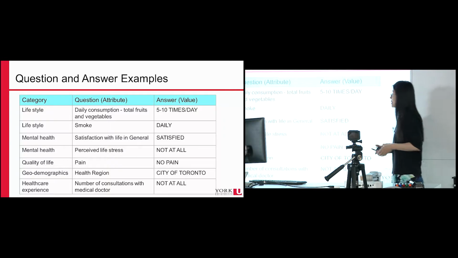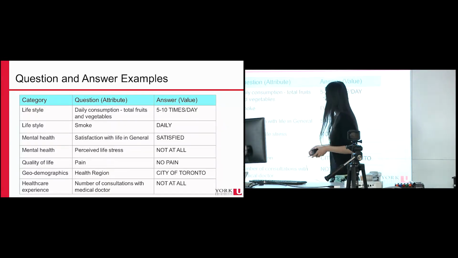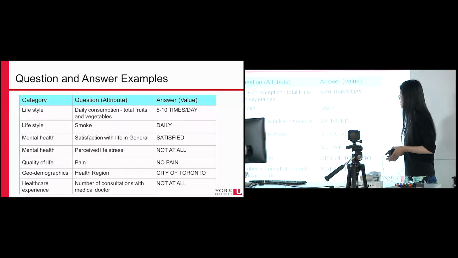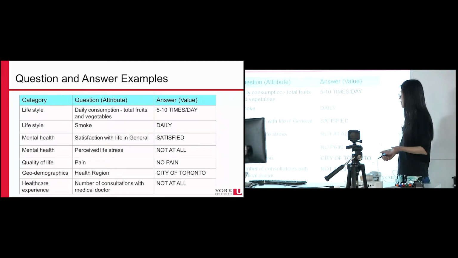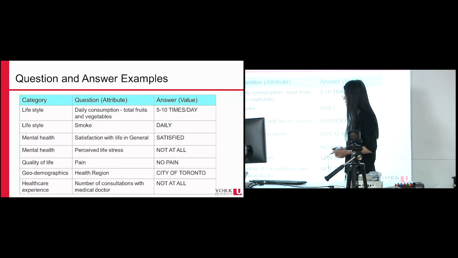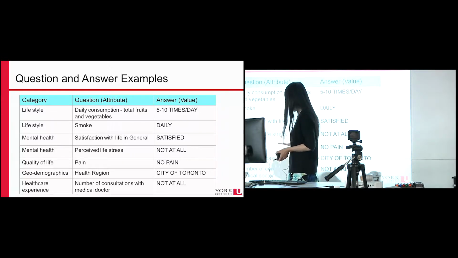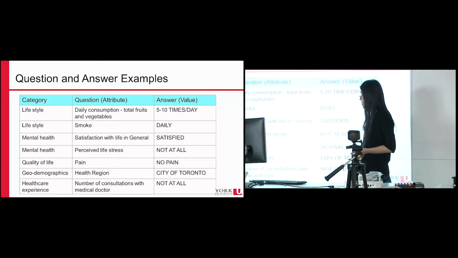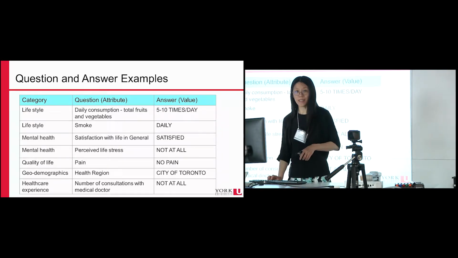In the mental health category, we have a question on whether you are satisfied with life in general, and the answers are satisfied, not satisfied, and partially satisfied. Another example is, do you have life stress? And we have a number of answers. Those are examples of questions. There are more than 100 questions in this data set.